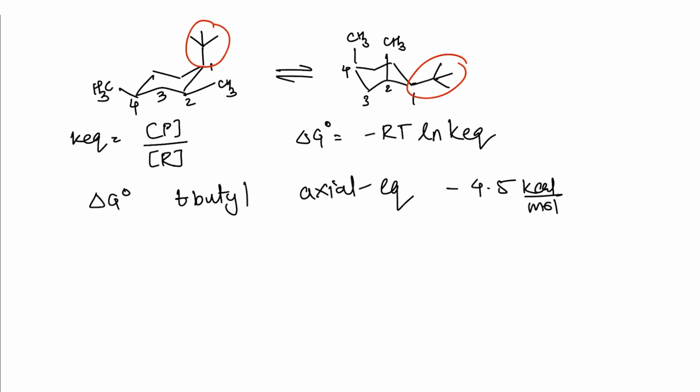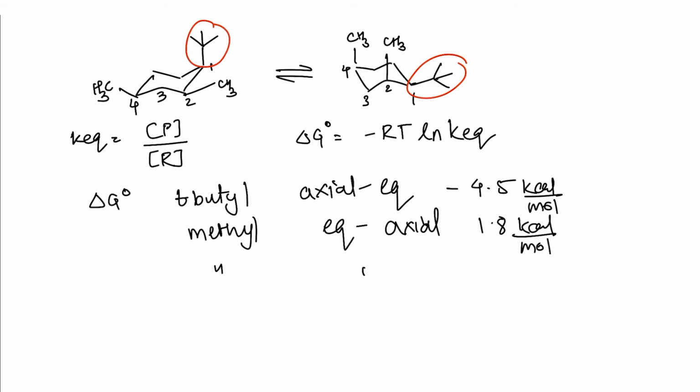But I also have a methyl that is going from equatorial to axial, and remember we said that groups that are axial have these flagpole interactions, so they are not favored. In this case this particular delta G0 is going to be positive, which is 1.8 kilocalories per mole. In the same way I have another methyl group going equatorial to axial, another 1.8 kilocalories per mole.